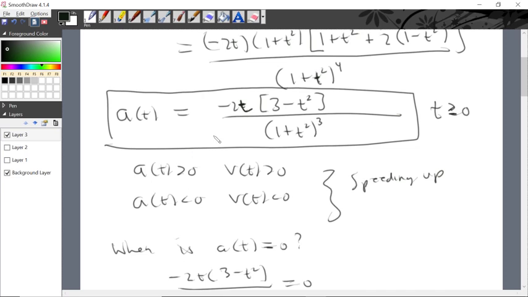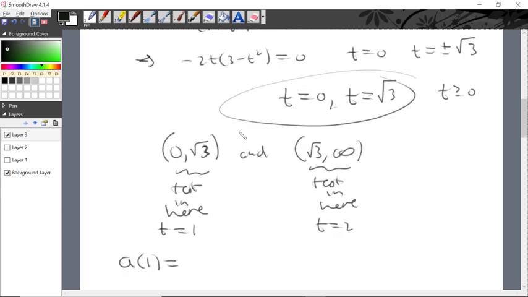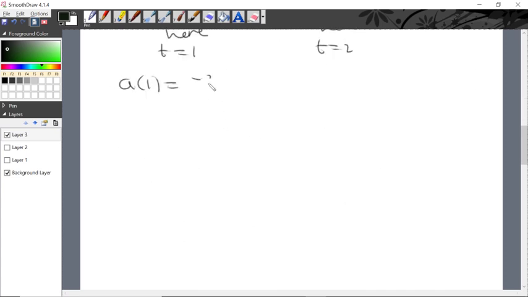Here's our acceleration function: negative 2 times t times 3 minus t squared, over 1 plus t squared, cubed. So the denominator is positive, of course. This particular denominator is positive for all real numbers.